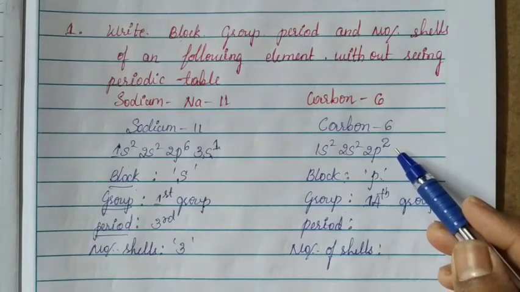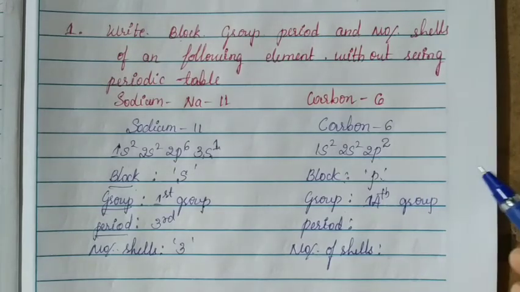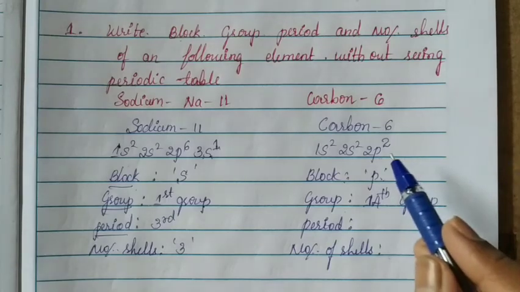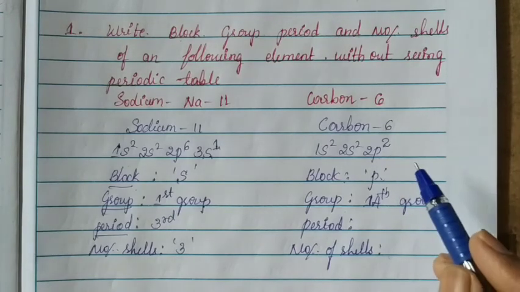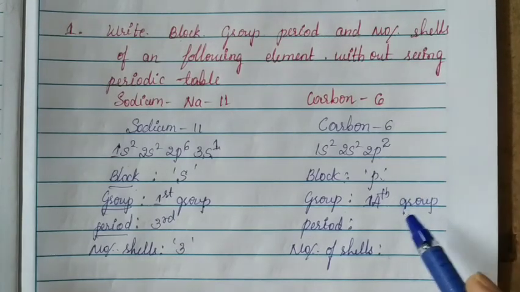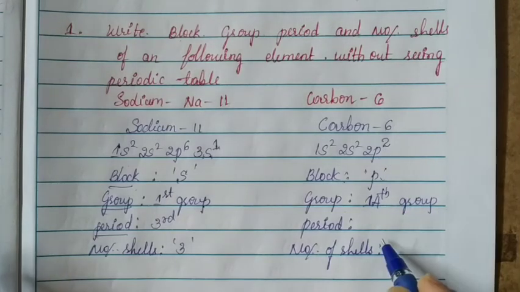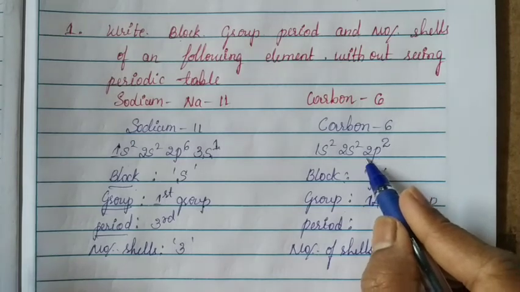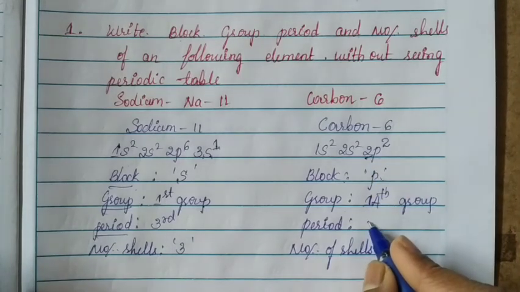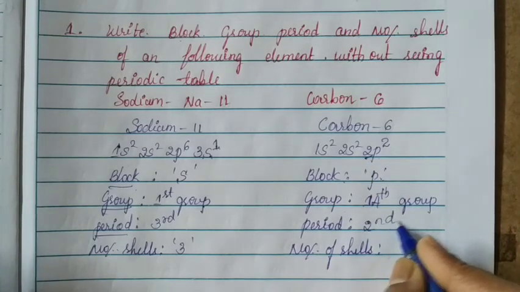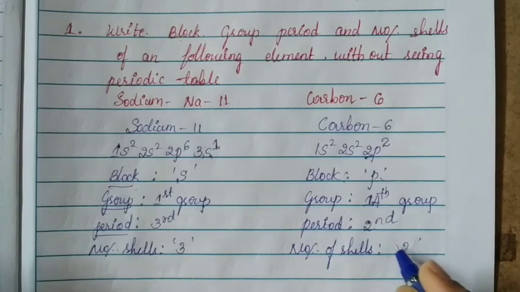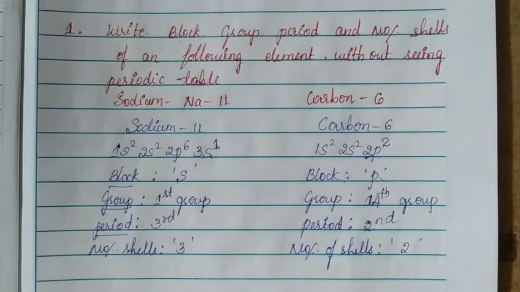So you count the group number from 13: 13 and 14, as there are 2 electrons. So it belongs to group 14. And now come to the period. The highest number is 2. It belongs to the second period and has 2 shells.